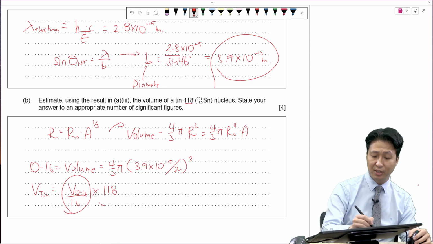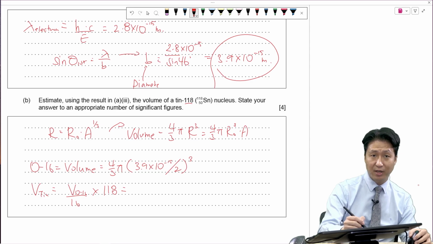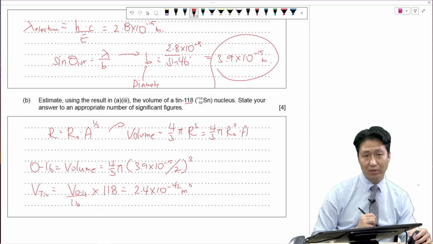So this is the volume of one nucleon, and there's 118 of them. Inputting these numbers, you should get approximately 2.4 times 10 to the negative 42 meters cubed, plus or minus 0.1.